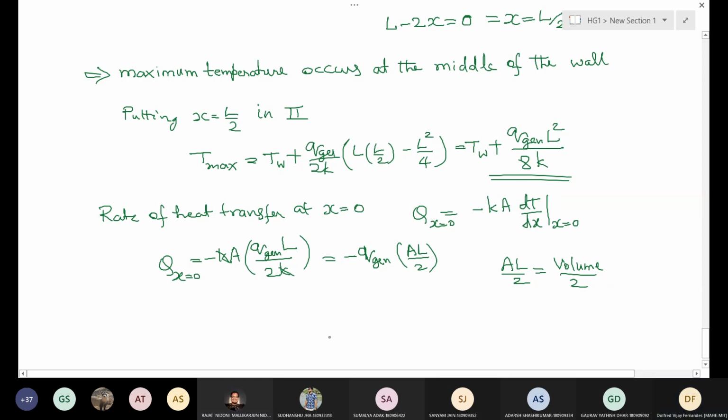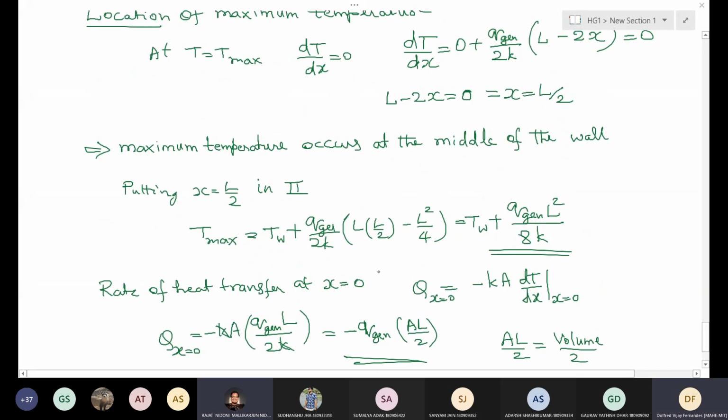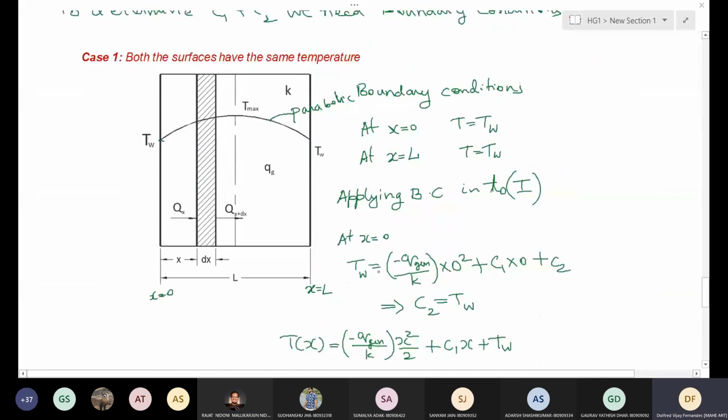So we have heat going out in the x direction as minus Q generation into AL by 2. This quantity is negative, and what is the reason for that? What does this minus sign indicate actually? Yes, it flows in the negative x direction. That's all, nothing else. So here it is going out in the negative x direction. That is why it is minus.